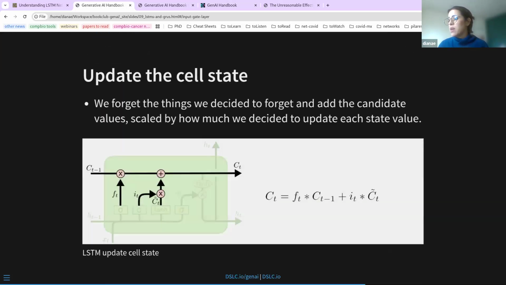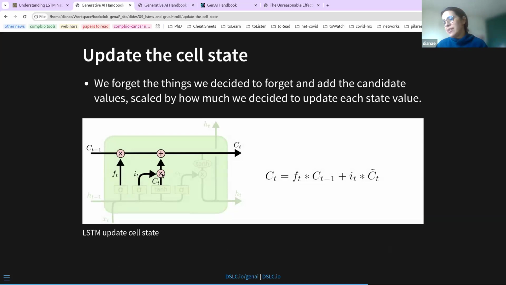And as you can see here, the outputs from the sigma and the tanh function are merged using a multiplication. With that, we're going to update the cell state.